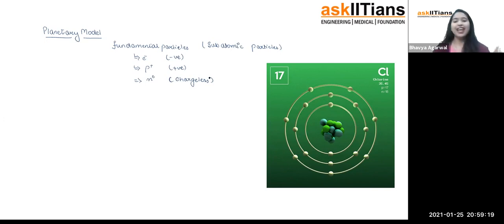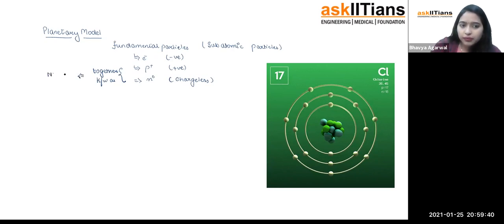So for that, let's start with our planetary model. These protons and neutrons are together known as nucleons.